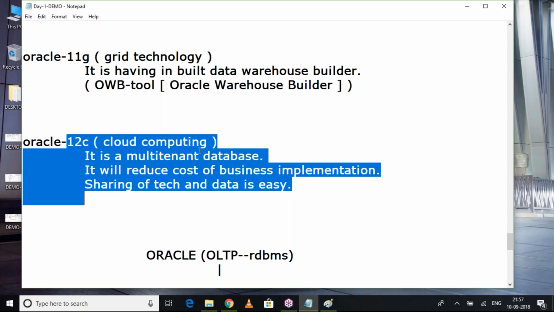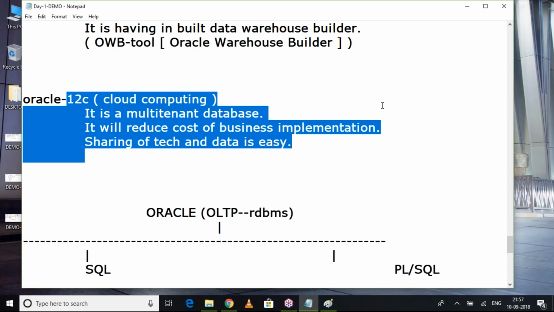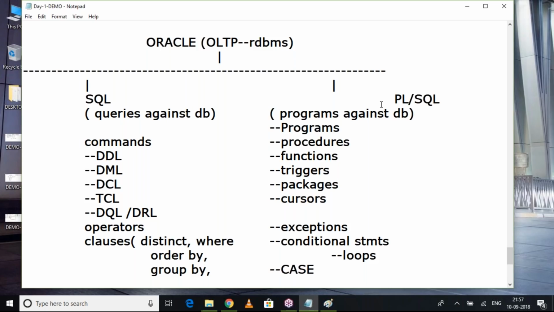We completed what a business is, why a business exists, how data is generated, and database concepts. If you want to become an Oracle developer or database developer, you should learn SQL and PLSQL under Oracle.